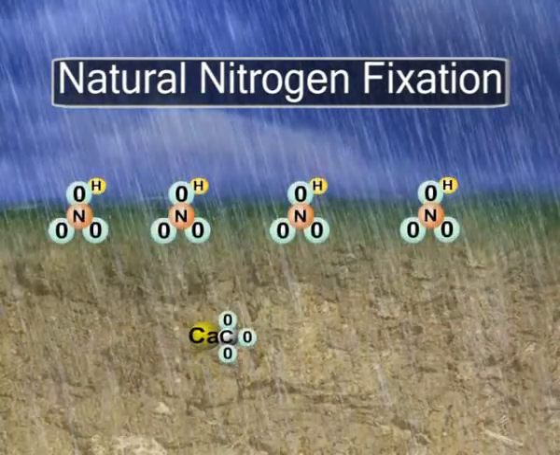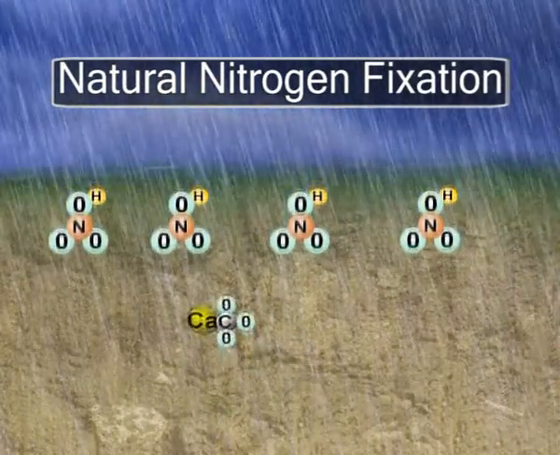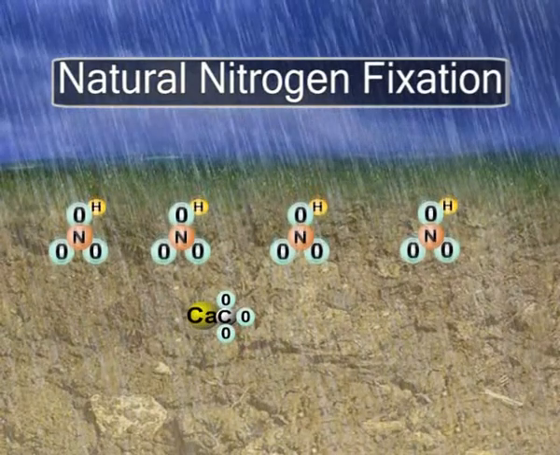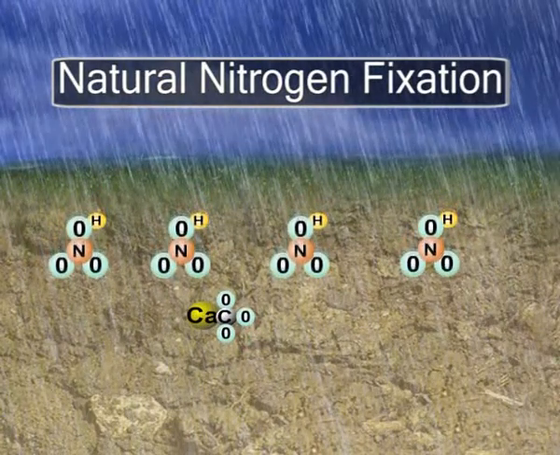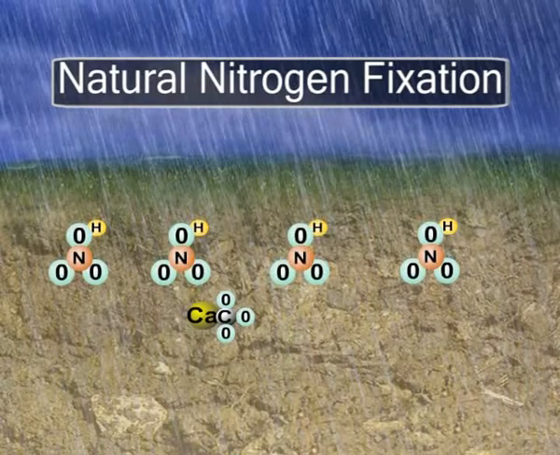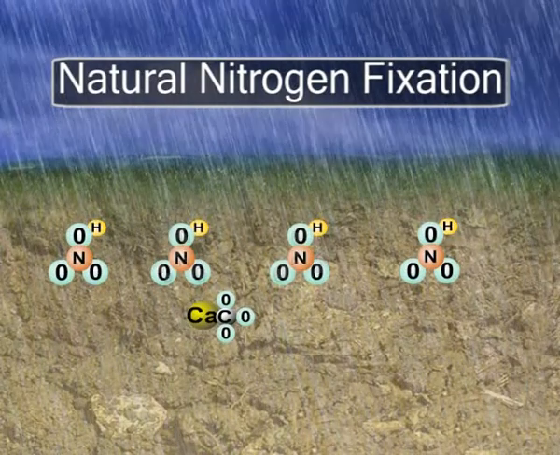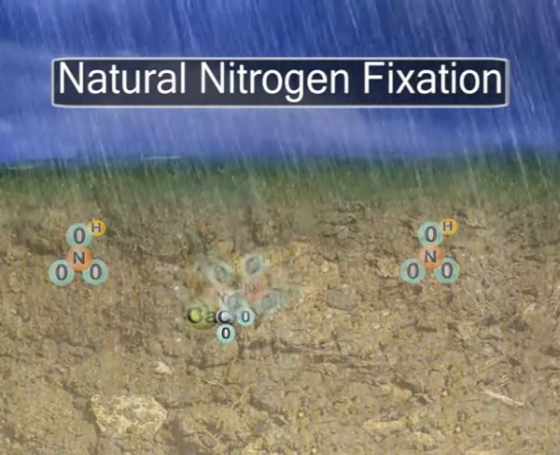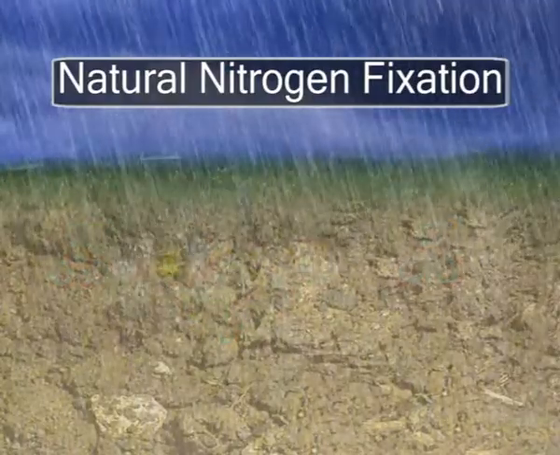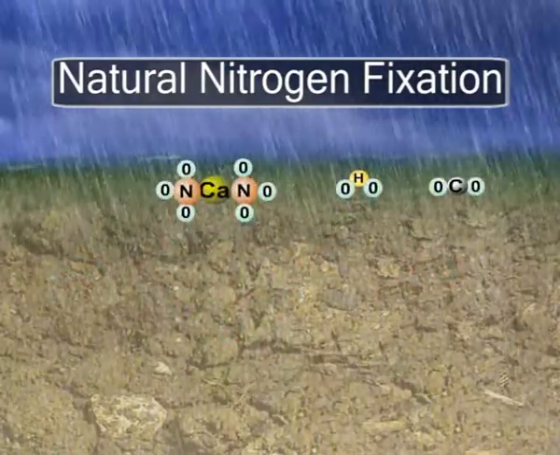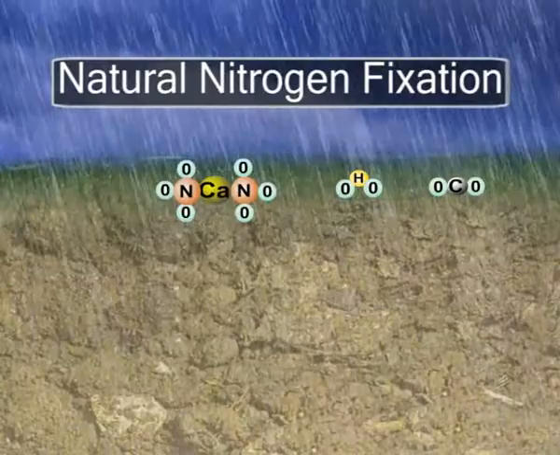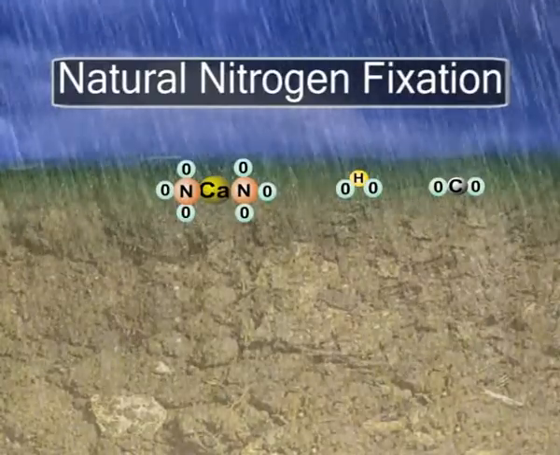The diluted acid falls to the earth, as shown here in the visual, and reacts with minerals in the soil to produce nitrates. It reacts with alkaline radicals to form water-soluble nitrates and nitrites.